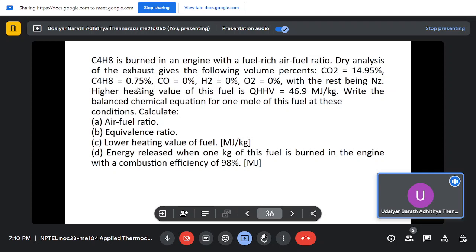Higher heating value of the fuel is 46.9 megajoule per kg. So write the balanced chemical equation for 1 mole of this fuel at this condition, and calculate air-fuel ratio, equivalence ratio, lower heating value of fuel, and energy released when 1 kg of the fuel is burned in the engine with a combustion efficiency of 98%.